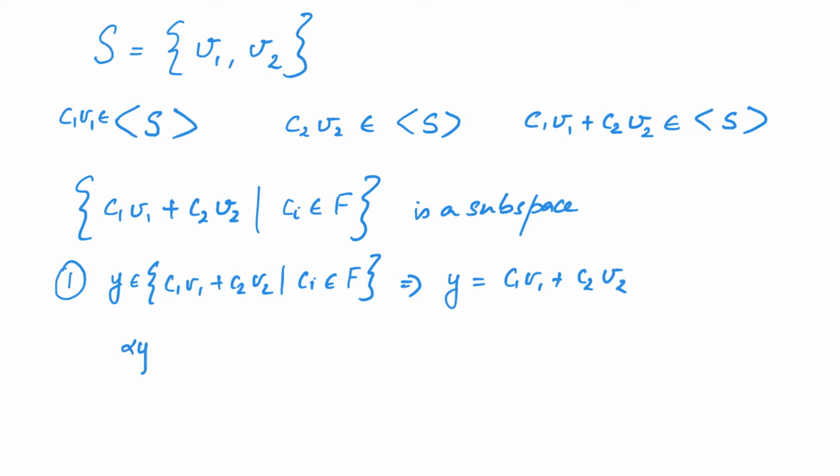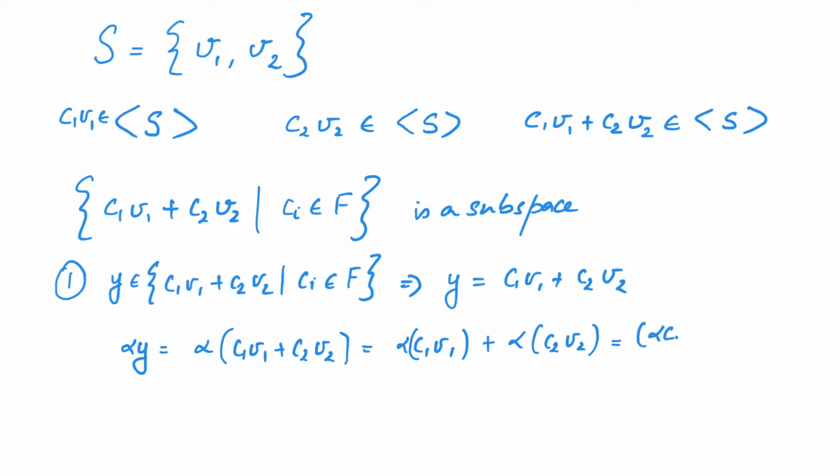Therefore, alpha times y is equal to alpha times (c1 v1 plus c2 v2), which by distributivity is equal to alpha times c1 v1 plus alpha times c2 v2. Now, another property of scalar multiplication implies that this is equal to (alpha times c1) into v1 plus (alpha times c2) into v2.